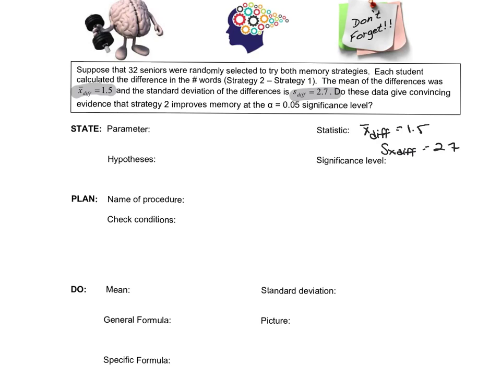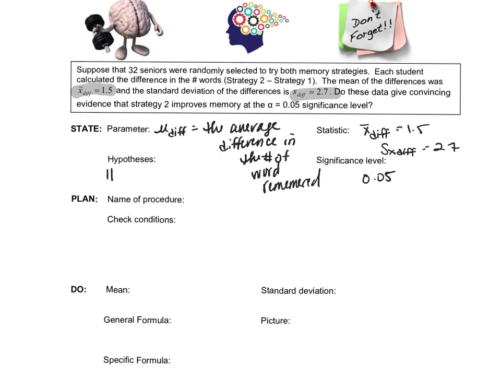They are interested in a 0.05 significance level, and the parameter is mu sub difference, the average difference in the number of words remembered.